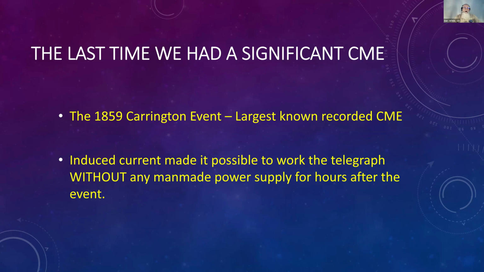There was an operator between Portland, Maine and Boston, Massachusetts. They were conversing and they said, okay, disconnect your batteries. When they did that, the communication was actually lots better, and it lasted for nearly 2 hours without any man-made power supply.